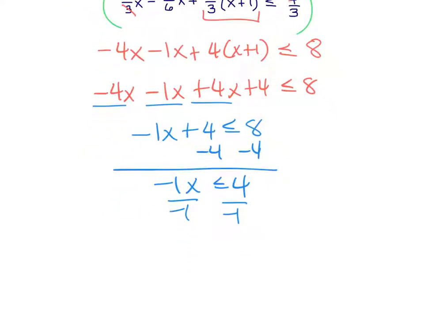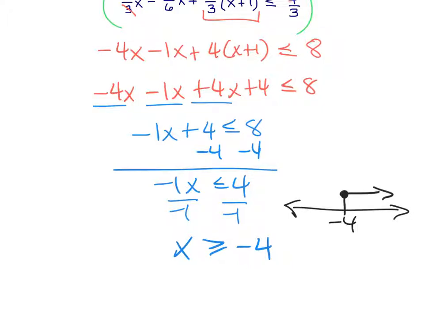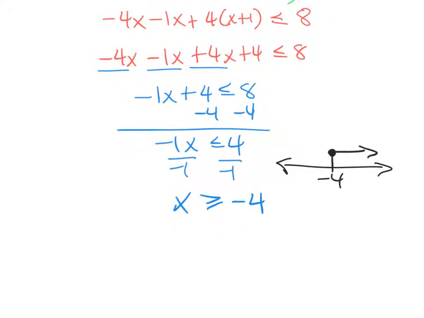When I divide by a negative, my symbol reverses. It goes from being a less than or equal to being a greater than or equal to. And now if I graphed it the old way, this would have been a closed circle pointing to the right. So let's go ahead and add in the interval notation.